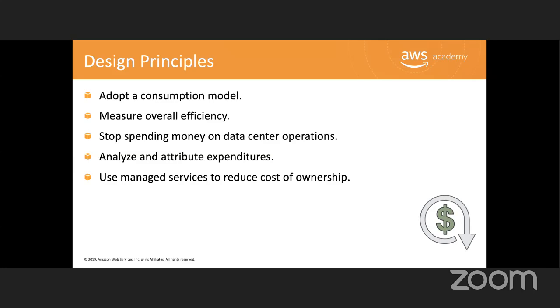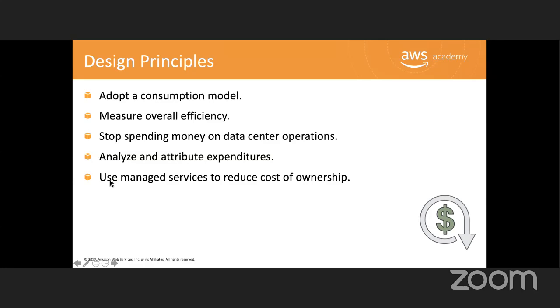The cloud makes it more straightforward to accurately identify the usage and cost of the systems, which then allows transparent attribution of IT cost to individual business owners. So this particular principle helps measure return on investment. That's important for every single business, right? And it gives the system owners an opportunity to optimize their resources and reduce costs.